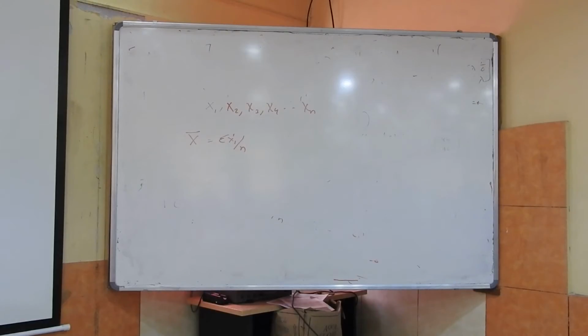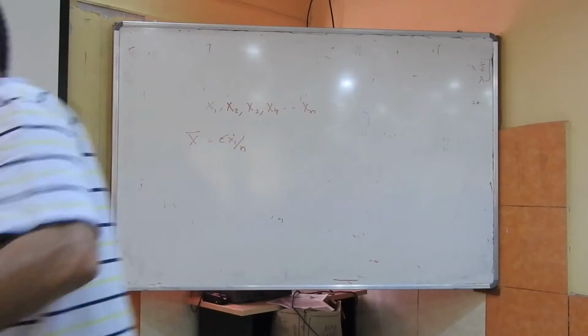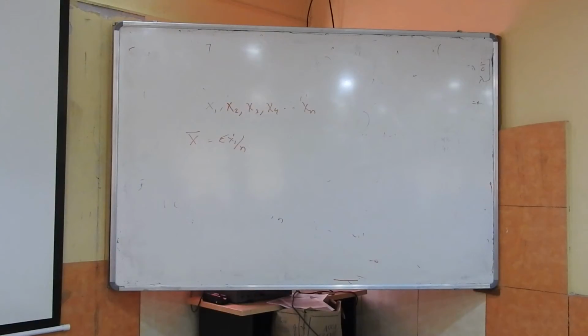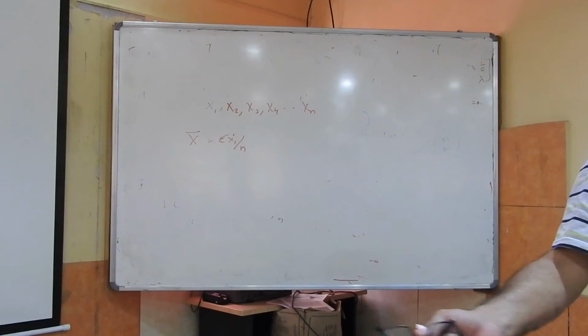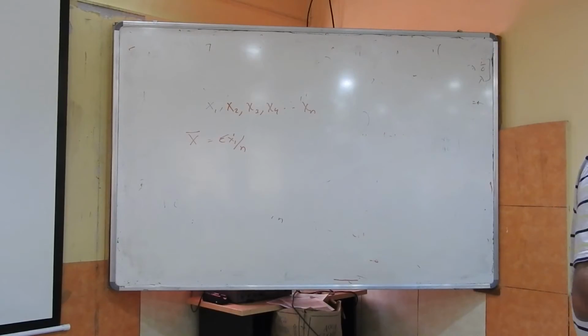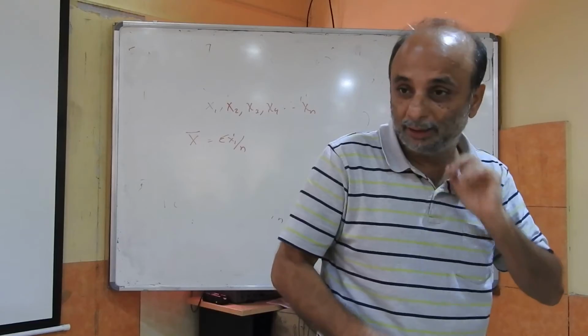The particular value that x bar takes is an outcome of a chance experiment. If you choose a different set of sample points for the same sample size, you get a different x bar. So it has a probability distribution.